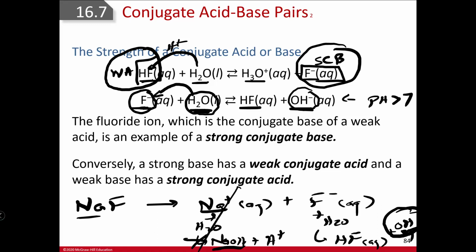Sodium has nothing to do with it. So that's where we're going with this. You're going to have to look at a salt based on the Kas and Kbs of the weak acid or the weak base. Determine if the salt is going to be an acidic salt, a neutral salt, or a basic salt. And you say, why do I need to know this? Because this has to be mastered in order to talk about buffers in the next chapter.